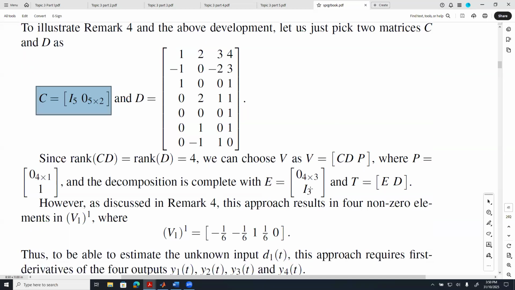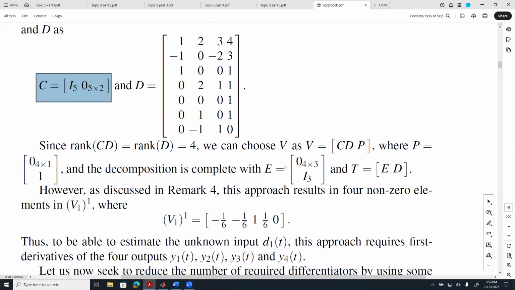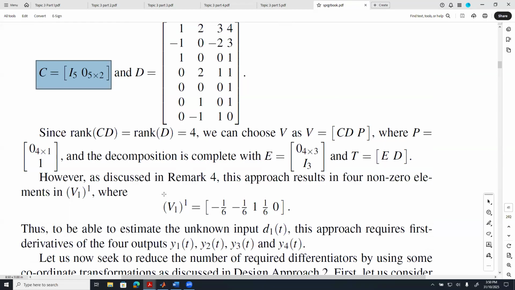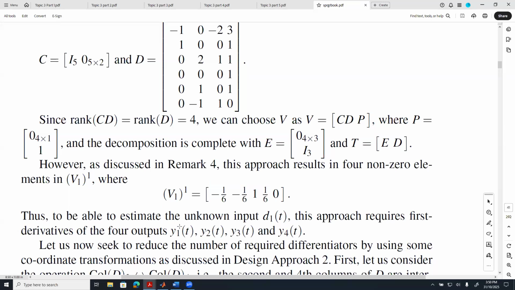We will add it up, and be able to decompose the 4 unknown inputs. If we look at the first row of matrix V1, it has 4 non-zero elements. That would mean that we need the first derivative of 4 outputs, y1, y2, y3, and y4.